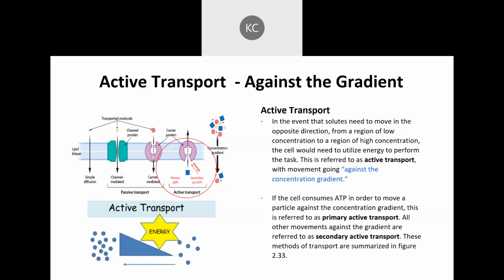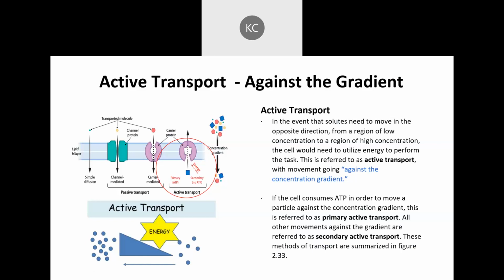If we're using secondary active transport, we're not using ATP directly, but we're using another ion's concentration gradient to help move another ion against its concentration gradient. In other words, the concentration gradient made by primary active transport is used in secondary active transport.